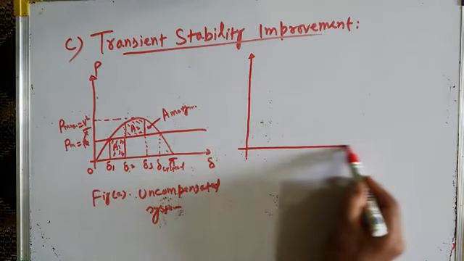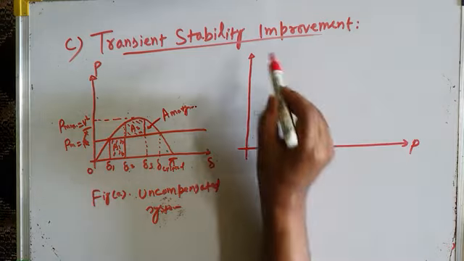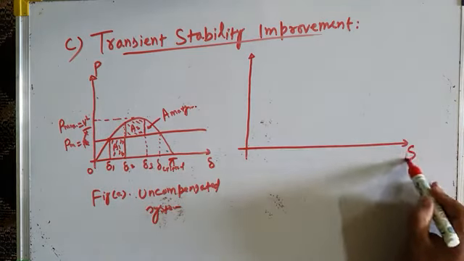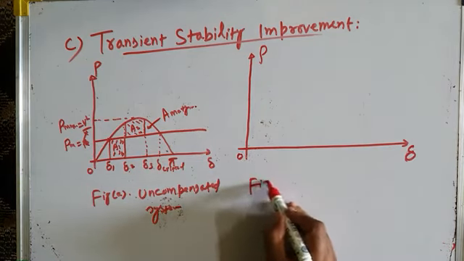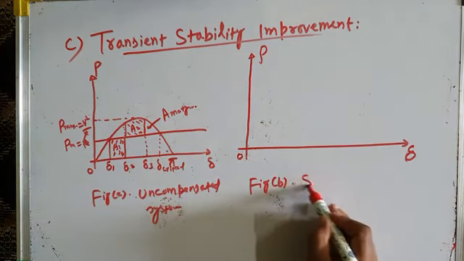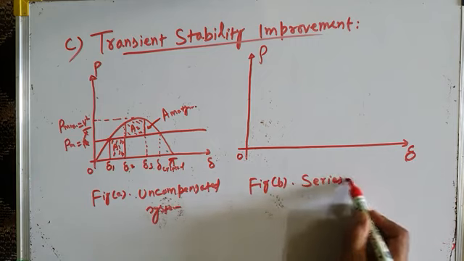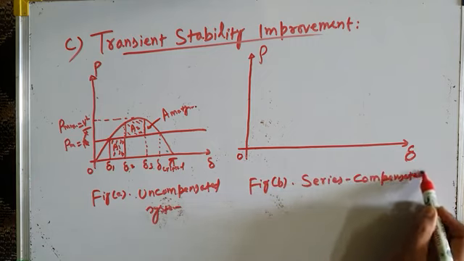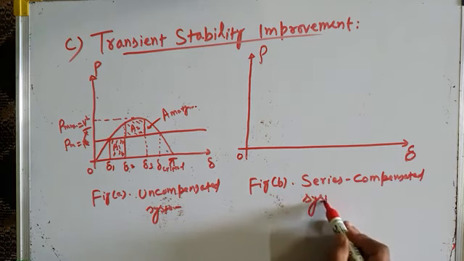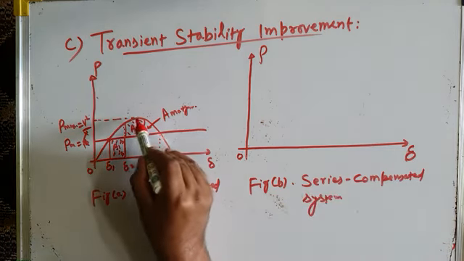For series compensated transmission line, the power angle characteristic will be like this. So I am now drawing figure B for series compensated system. Okay, fine.